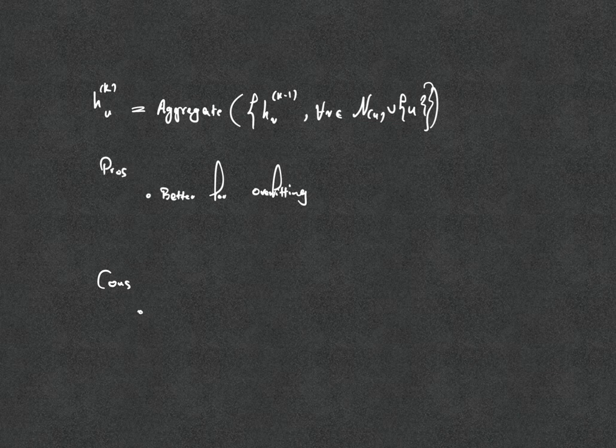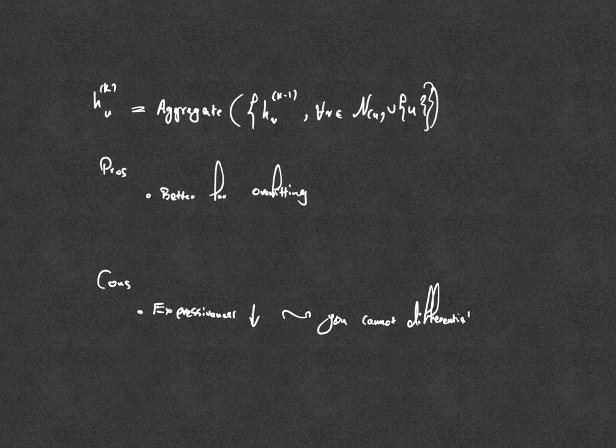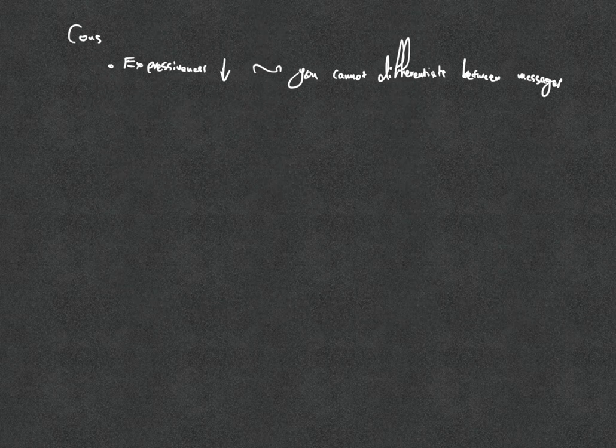In terms of cons, the expressiveness of the model goes down, because you cannot differentiate between the messages in the sense of whether or not it comes from the neighbors of u or u itself.